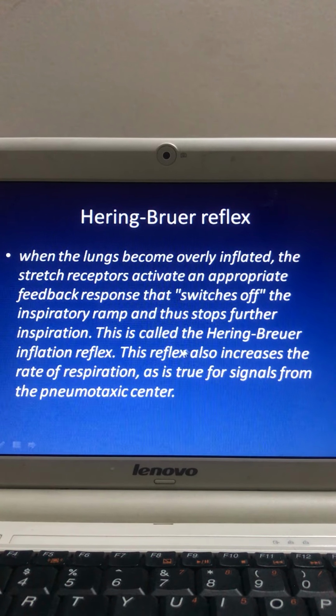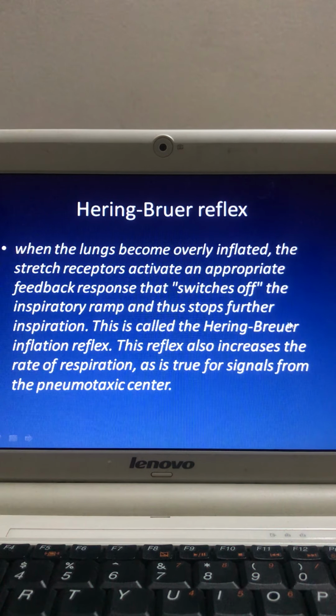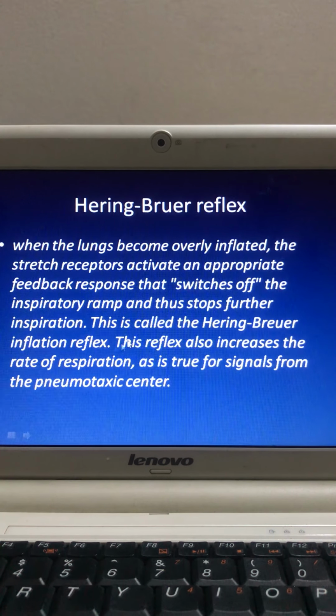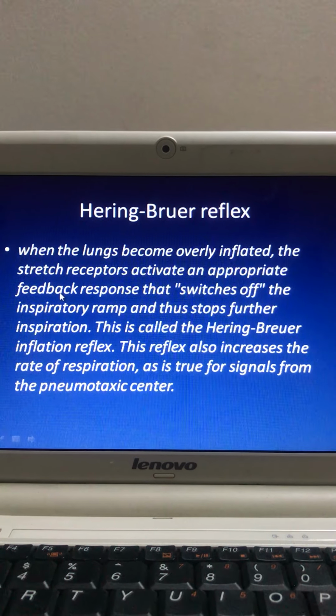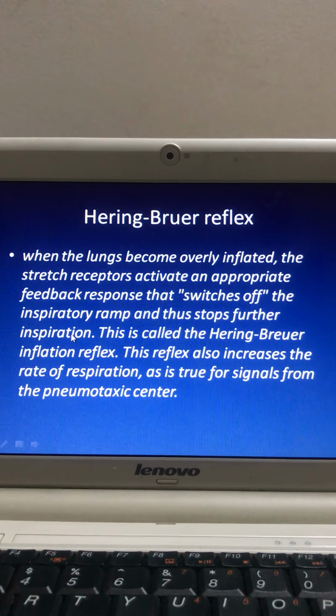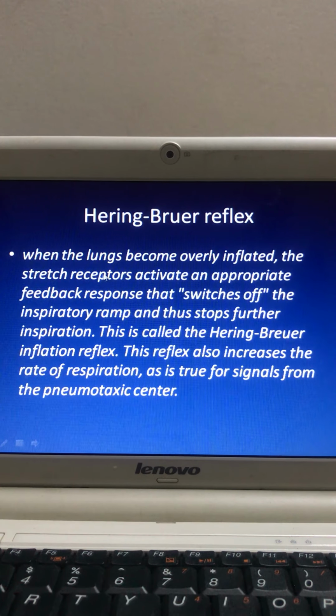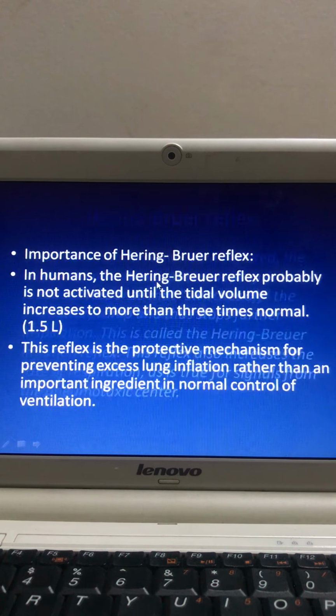This is called the Hering-Breuer inflation reflex. What is the stimulus for the Hering-Breuer reflex? It is the overinflation of the lungs. Now, which receptors limit this inspiration? The stretch receptors present in the lungs.